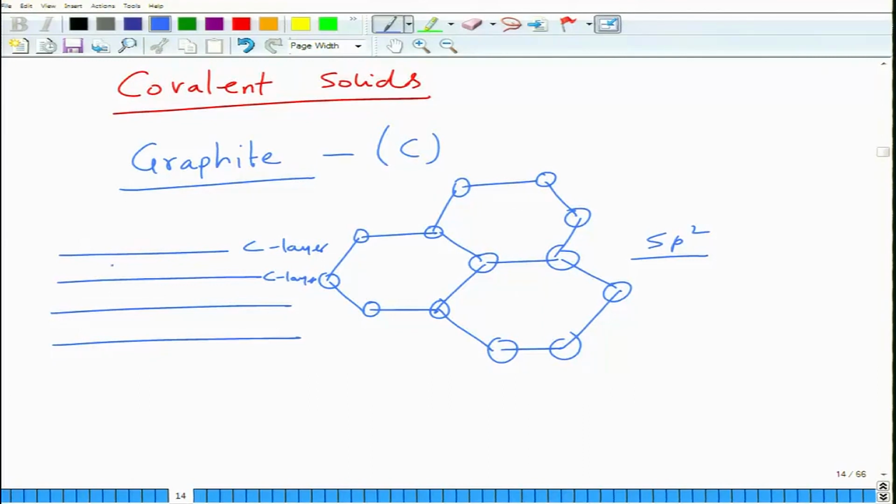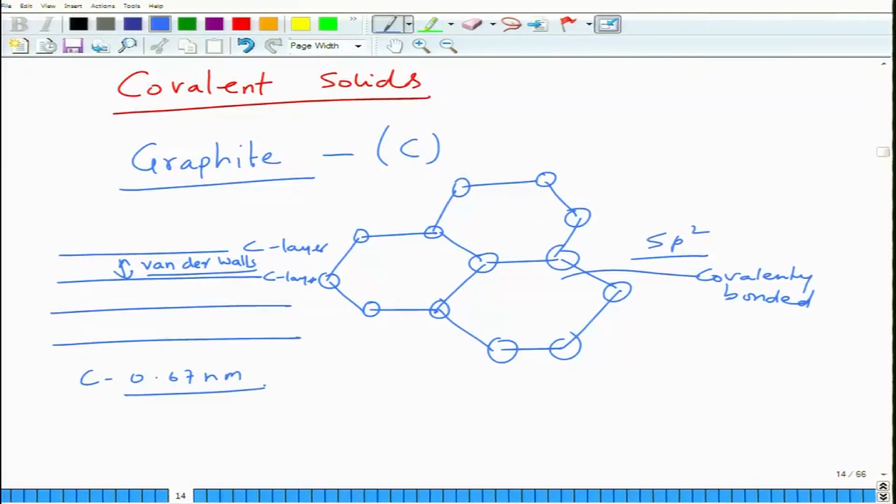Within the plane they are covalently bonded, and between the planes they are van der Waals bonded. So graphite makes a unit cell whose C axis length is about 0.67 nanometer. Within the plane you have sp2 bonds, and between the layers you have van der Waals bonds.